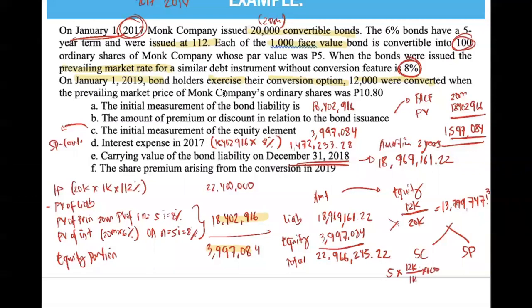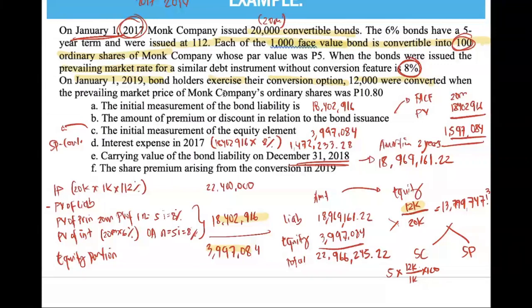It says there, each of the 1,000 face value bonds is convertible to 100 ordinary shares. So how many bonds did we convert? 12,000. So 12,000 divided by 1,000 is 12. How many shares can we get for each conversion? 100.